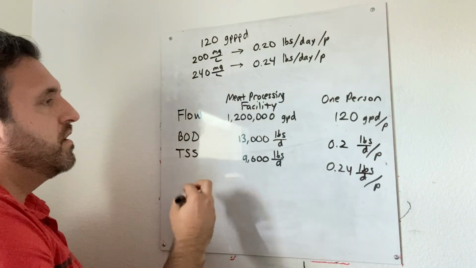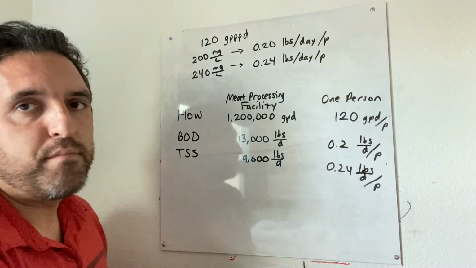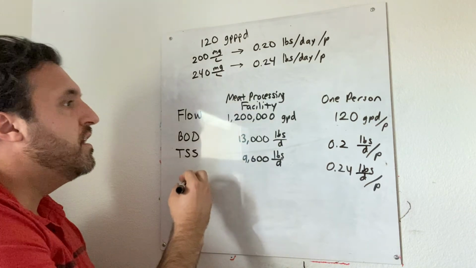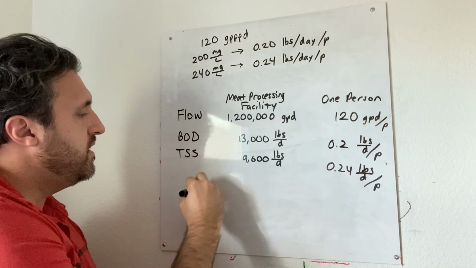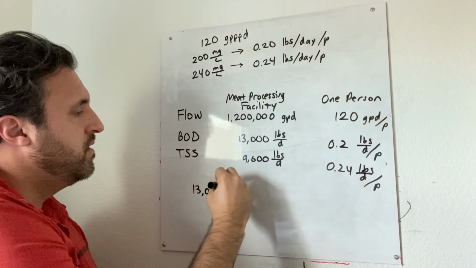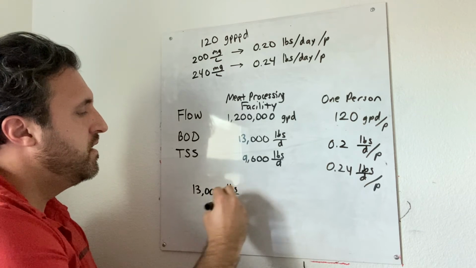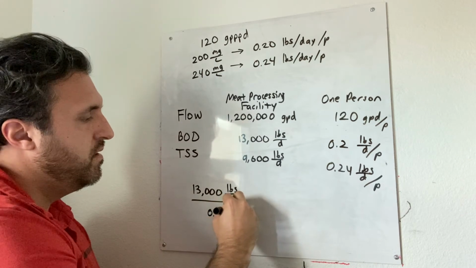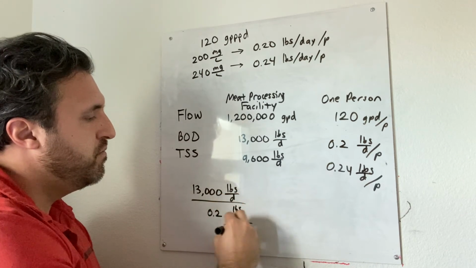So again, for the determination of population equivalent, if we're working on the basis of BOD, we would take 13,000 pounds per day divided by 0.2 pounds per day per person.